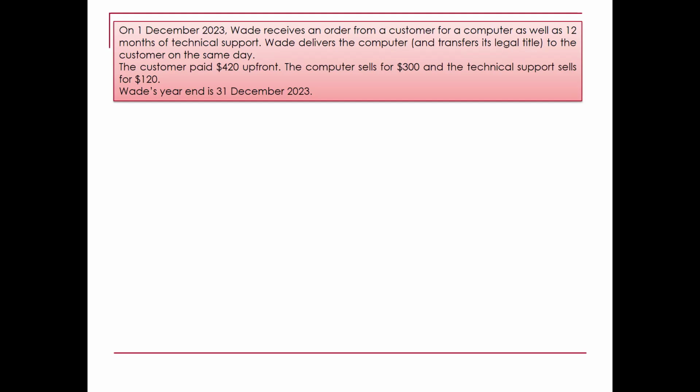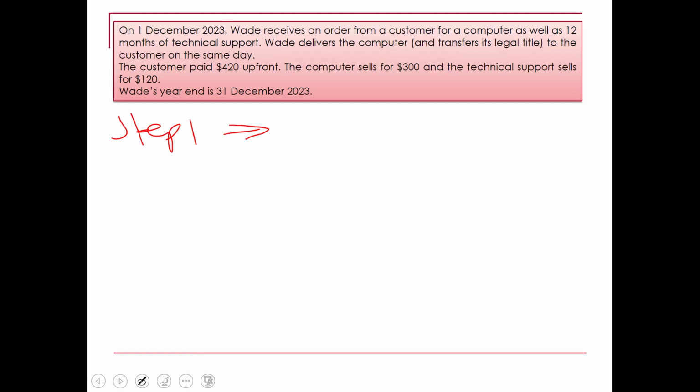So remember the 5 steps. So we wanted to consider whether these transactions meet the recognition criteria for revenue. So step 1, we need to recognize whether there is actually a contract of sale or not. So we received an order from a customer for a computer and technical support.